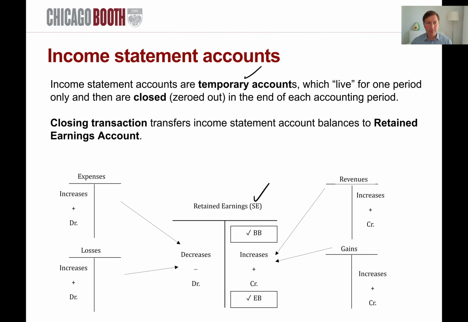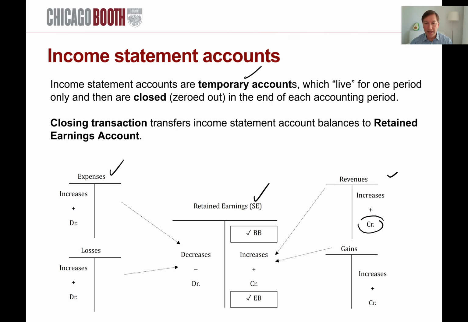And so every period, we start with zero balances on revenue and expense accounts, right? These are income statement accounts: revenue, expense accounts, gains and loss accounts, items that you see in the income statement. Okay, so revenue accounts increase by the credit side.